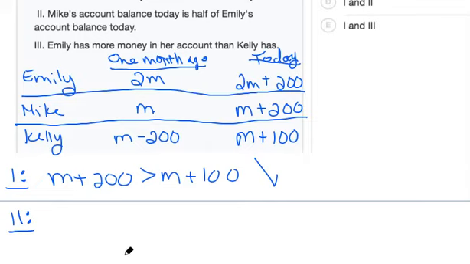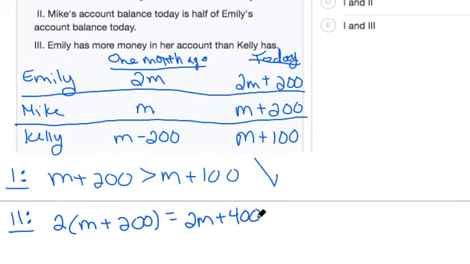If Mike's account balance today was half of Emily's account balance today, then Emily's account balance in the last column would be 2 times M plus 200, which should equal 2M plus 400. But that's not equal to Mike's account balance.